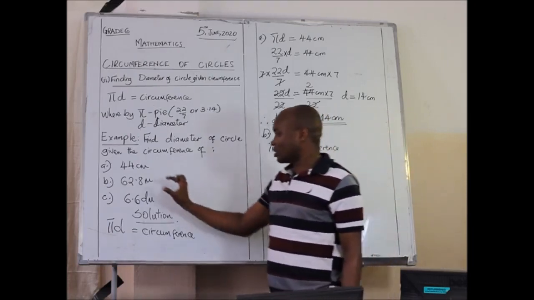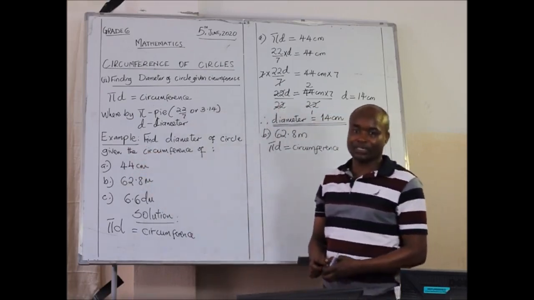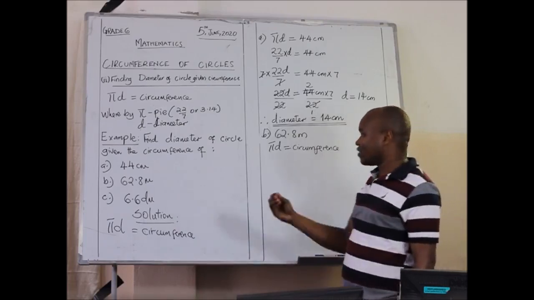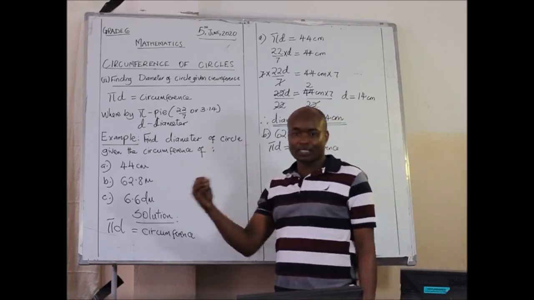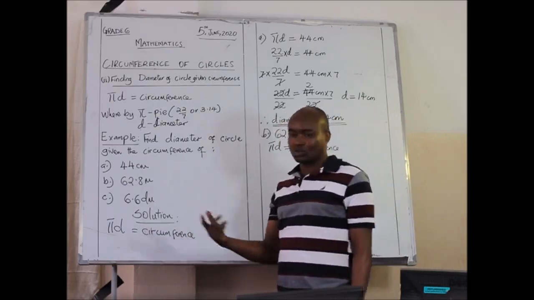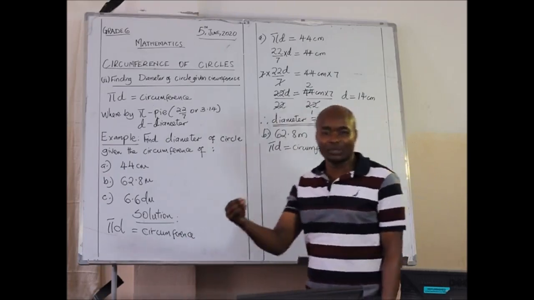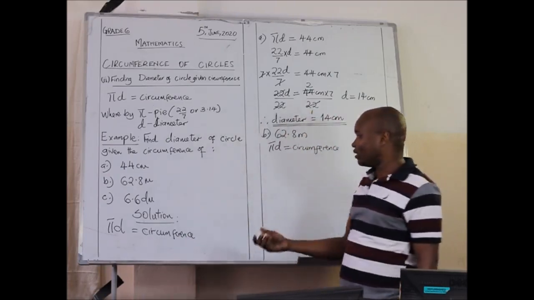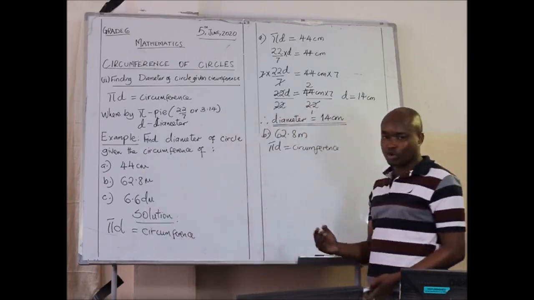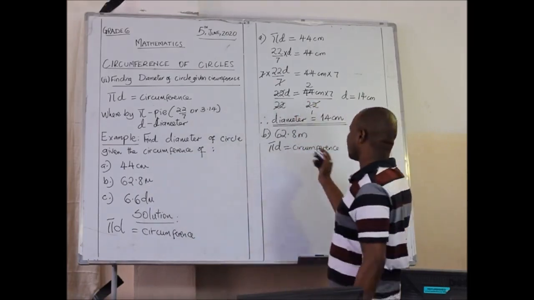In question number 1, 44 centimeters is a multiple of 11. So when the circumference is given as a multiple of 11, you have to apply 22/7. If the pi has not been stated, you'll have to use 22/7. So in this case, we are going to use 3.14.